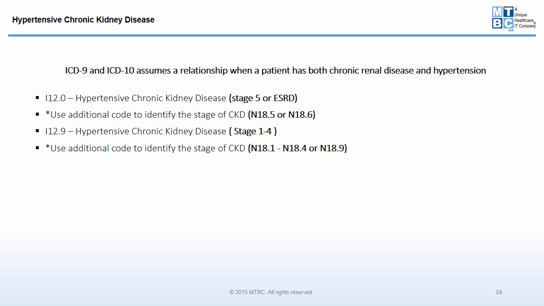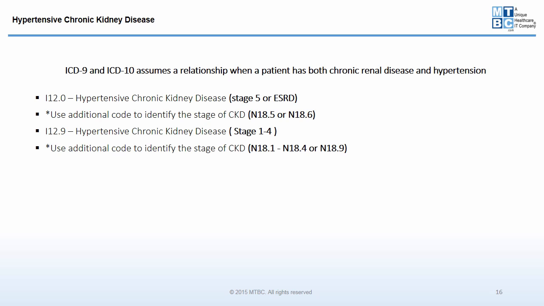Currently the code being used is 401.9 with the chronic kidney disease, which could be 585.1 through 585.5, which should be coded as 403. There's a different coding system.